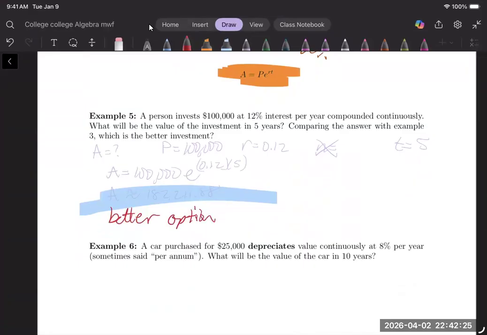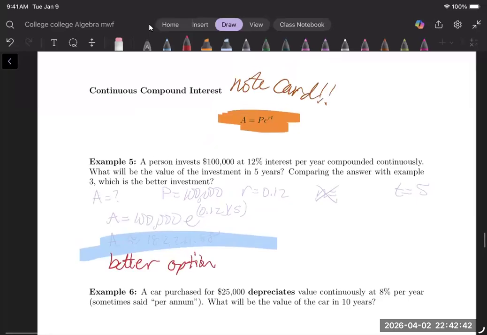Like I said, the higher the compound, chef's kiss. It's what you want. If you can get that compound continuous, awesome. I mean, you'll never get it. Banks know this. They don't want to just hand free money out, unfortunately. But yeah, you want high compounds, as high as you can get. That's what you want if it's your money. If you have to pay it back, no thanks. Low compounds.